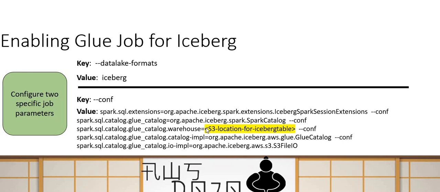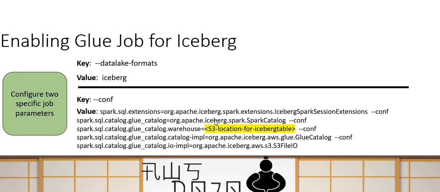This is the S3 root location for the Iceberg table. Then it talks about how your catalog is implemented, which is using Glue catalog. Then how your input output is implemented, and that is using S3 FileIO, because we are creating an Iceberg table using S3 as a storage location.